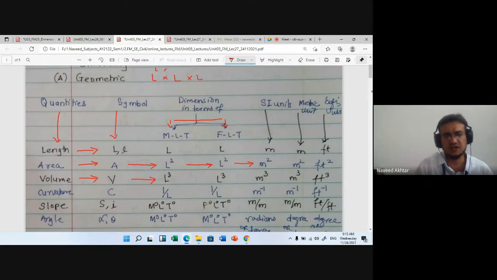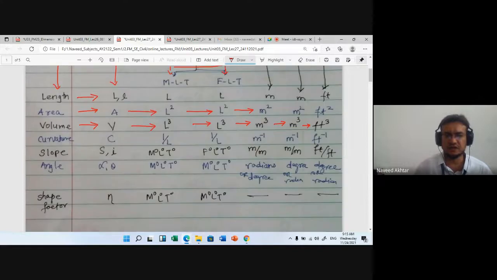In general, we say length, breadth, and height, but for all these dimensions we are measuring the length. So the dimension is L cube, and in SI unit and metric unit we use meter cube, and in English unit we measure in cubic feet.